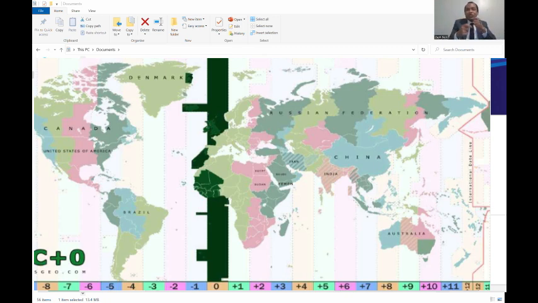We call this universal coordinated time. The pilots in their aircraft have the same time as well. So there is no confusion. When we say this time, it means what it says, universal coordinated time. And in a similar fashion, this follows through for other systems of measurement.